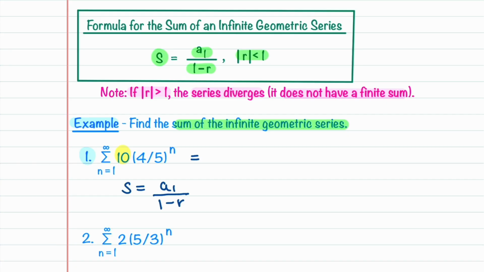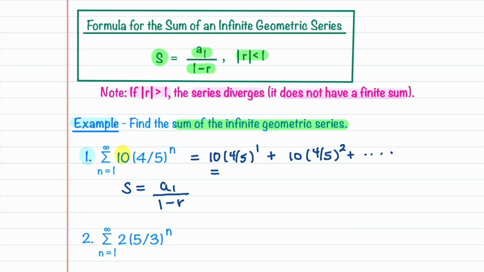It's actually not. Let's write down what these terms are equal to, at least the first two. Our first term is going to be 10 times 4/5 to the 1. And then we're adding because we have the sigma. So then we add 10 times 4/5 to the 2, and then all the other terms.